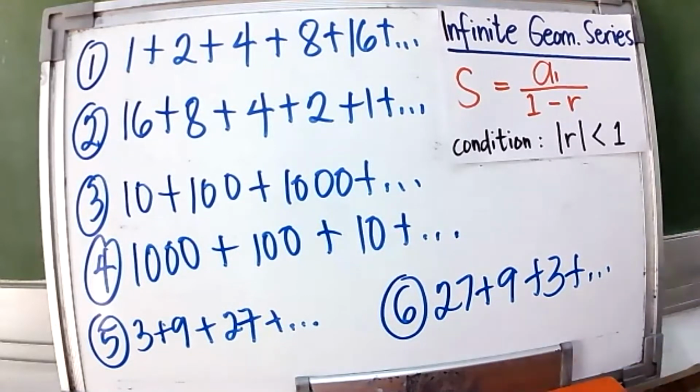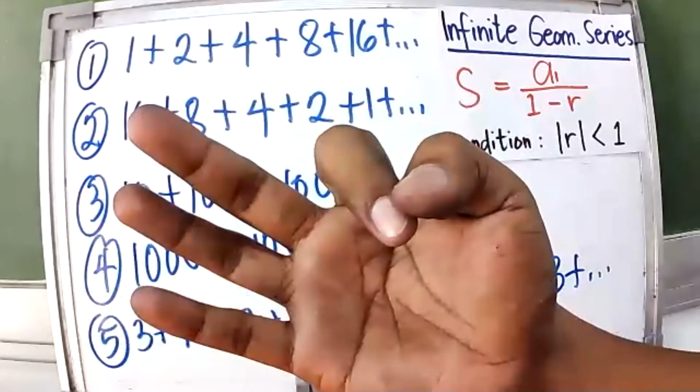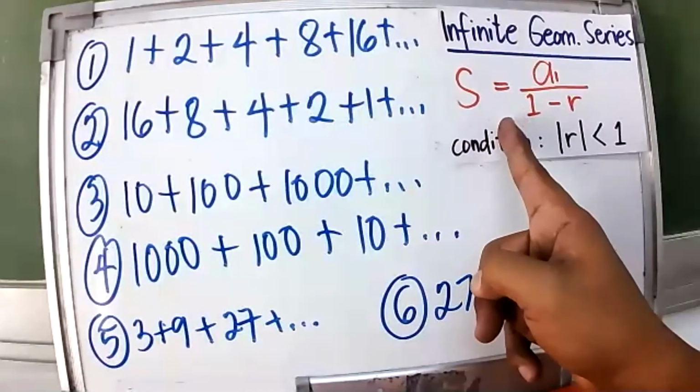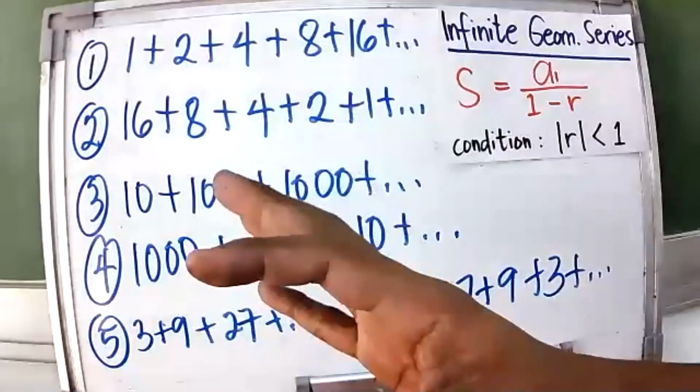Okay. Now, I don't know if you noticed something among the given that I gave you, but in our chat box, I want you to analyze our given. Three of those infinite geometric series have a sum, and 3 of those don't have.